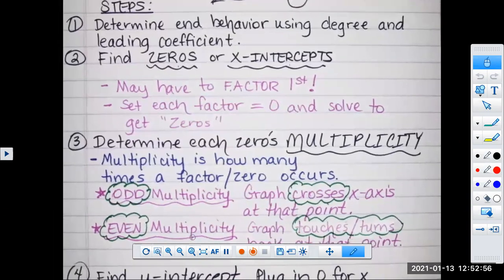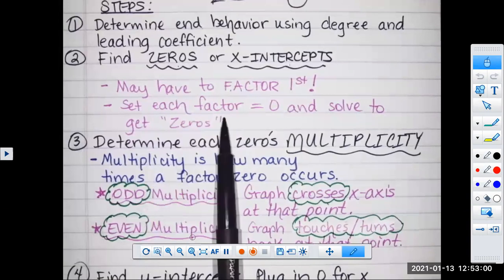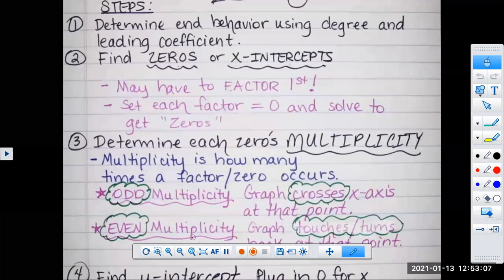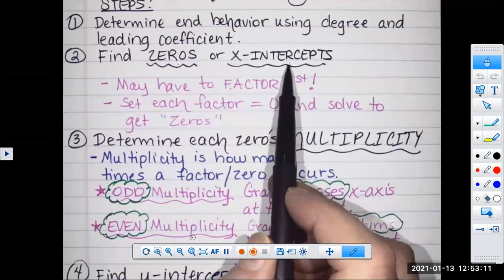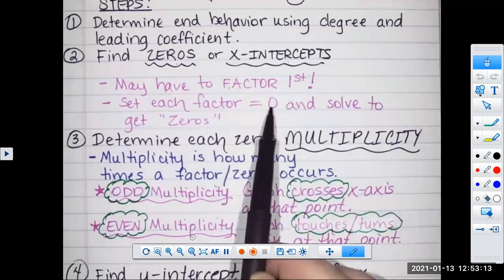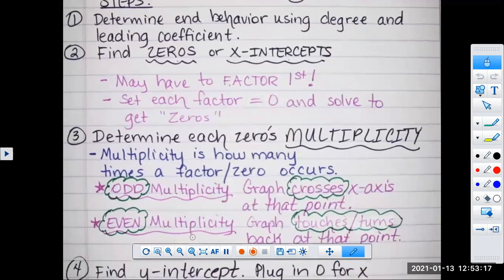To get the zeros or the x-intercepts, you take each factor, set it equal to 0, and solve. There may be 1, there may be 3, there may be none.